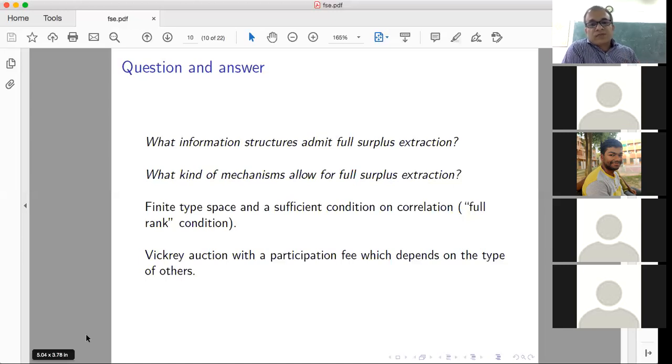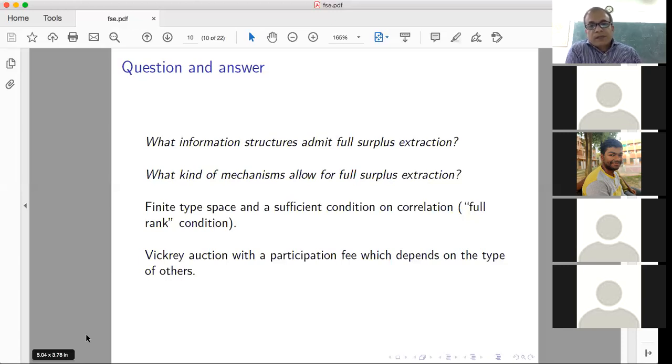For the second question, we'll also give you a concrete mechanism which can extract that surplus, which is a Vickrey auction with a participation fee that depends on the types of other agents. When bidders decide to participate, they don't know exactly how much they will pay because the other bidders haven't revealed their types.